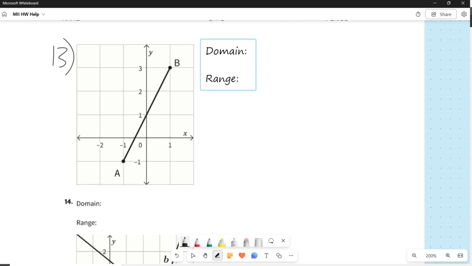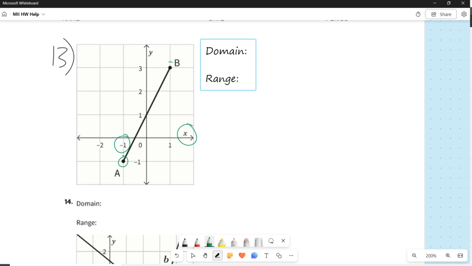So x is my horizontal numbers. When I look at this graph, it looks to me like the x value that is farthest to the left is -1, because the graph starts here, and my lowest x value in this case is -1.